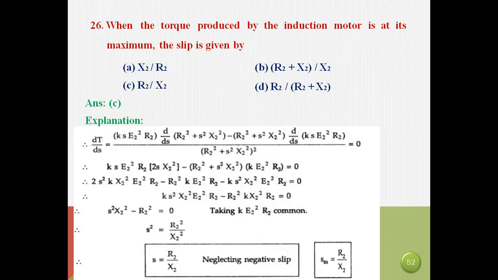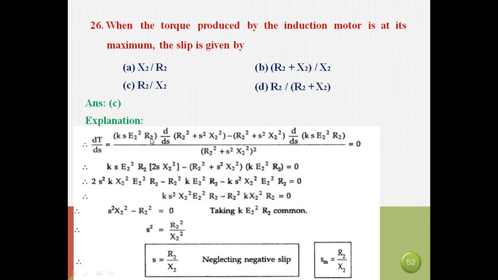So you can take its derivative, and if that derivative becomes 0, you will get the maximum torque. You are aware of the derivative; you have studied it in mathematics. So you are supposed to understand how we take the derivative of torque, having the torque equation in the U by V form.